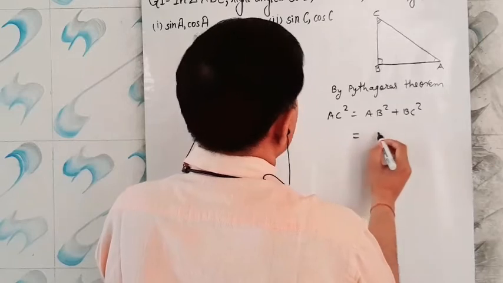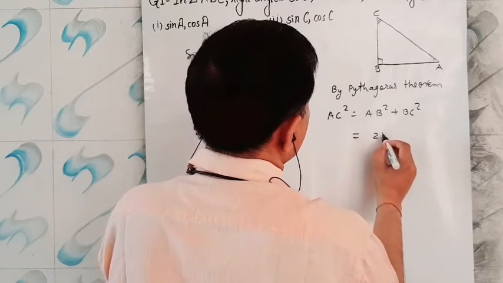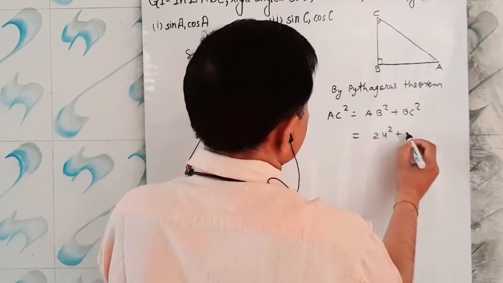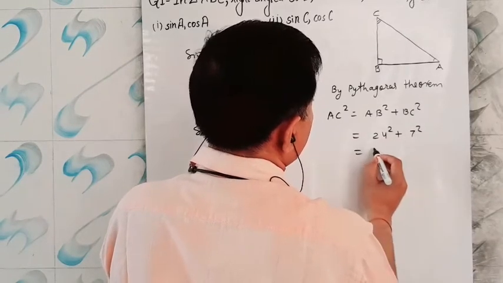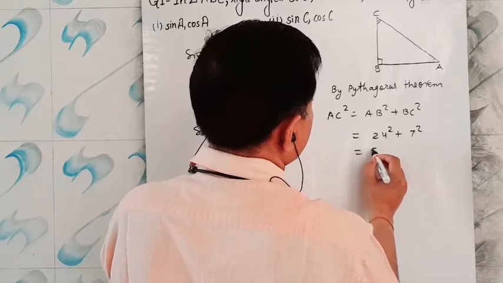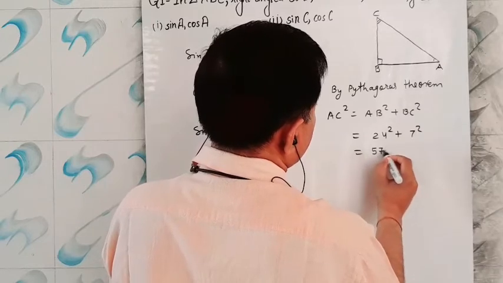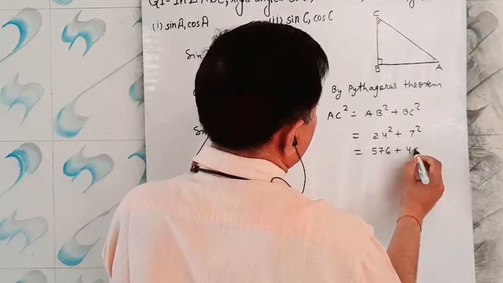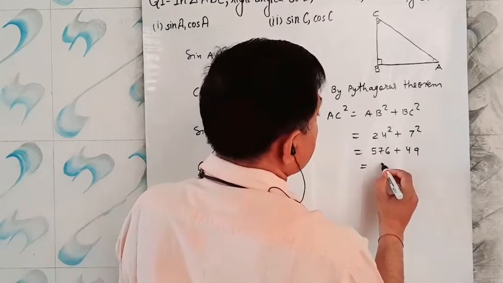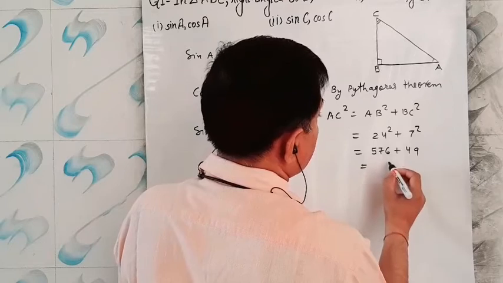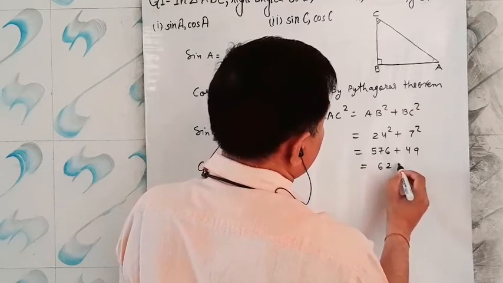AB is given as 24, so 24 whole square, and BC square is 7 whole square. 24 square will be 576 and 7 square will be 49. If you add this, 625.